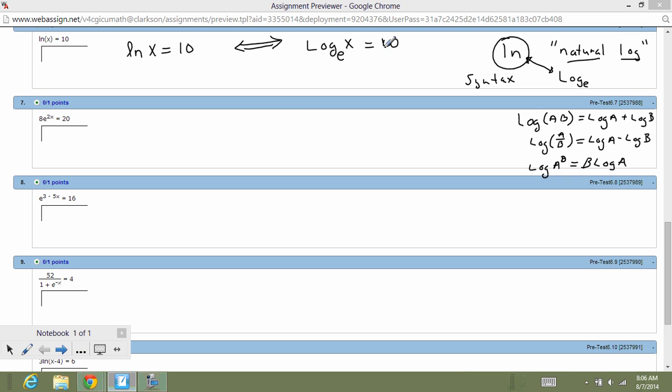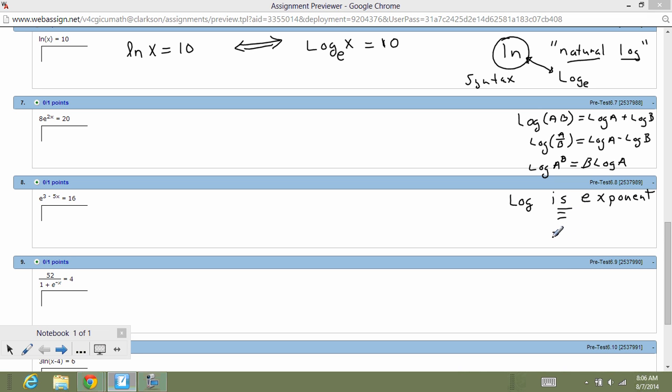So, thinking in terms of our log rules as an overarching idea, a log is an exponent. If you use that idea, you can keep yourself out of trouble sometimes.